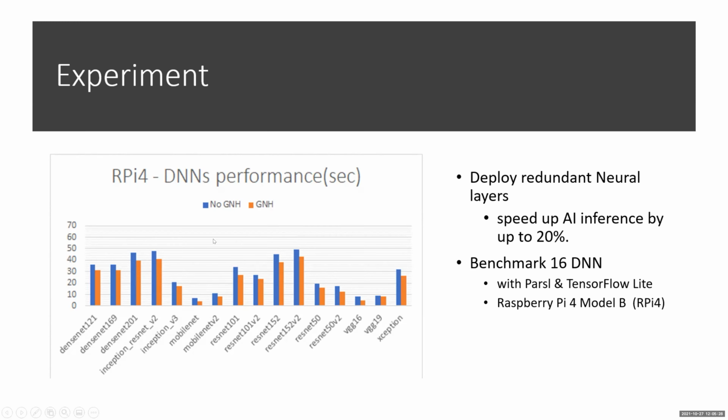As you can see here in blue is the distributed execution of each model, but without the greedy eliminator heuristic, the algorithm that we have developed that these tools rely on. With the greedy eliminator heuristic, it can speed up AI inference over edge infrastructure by up to 20%.